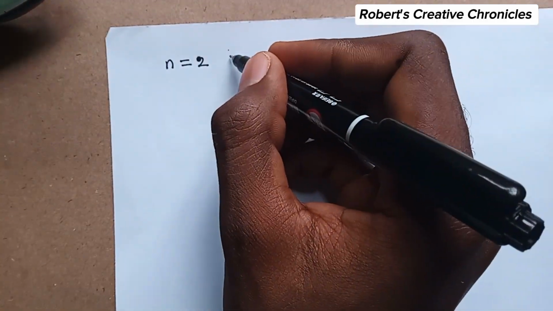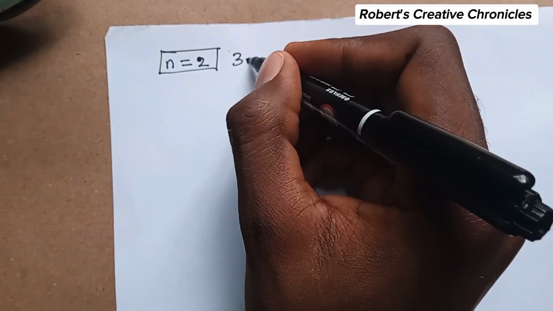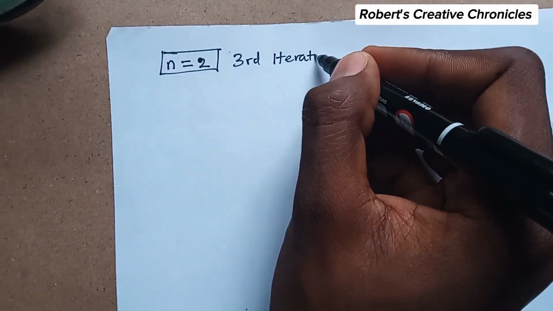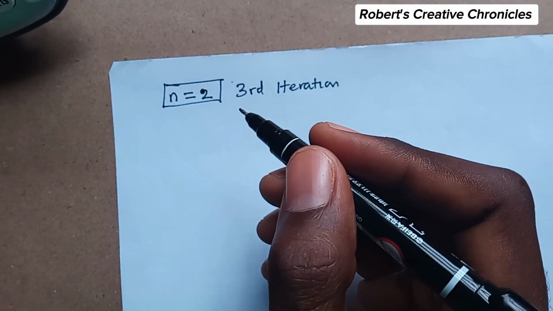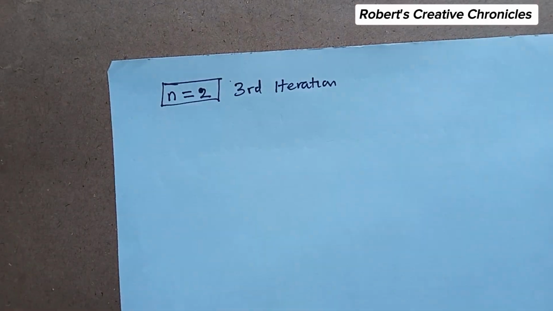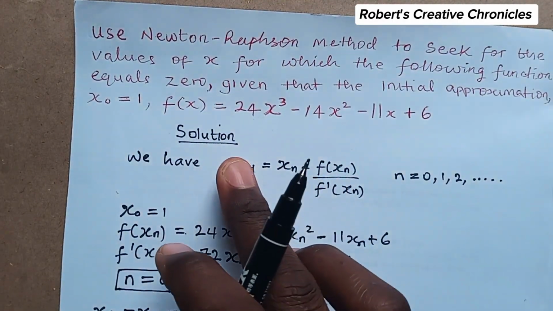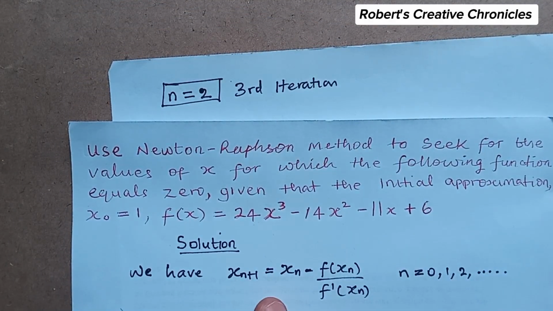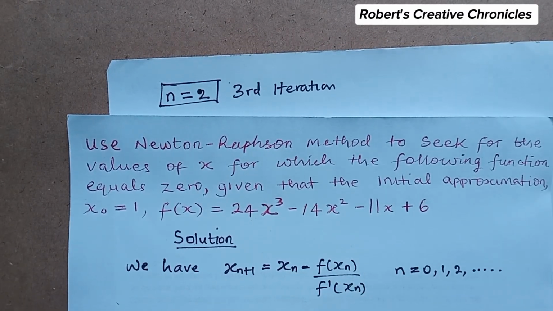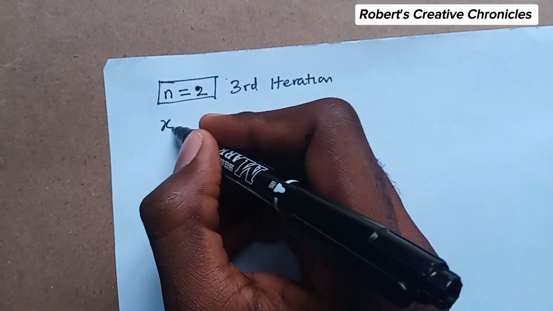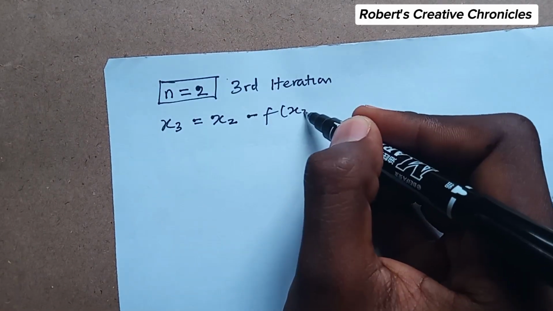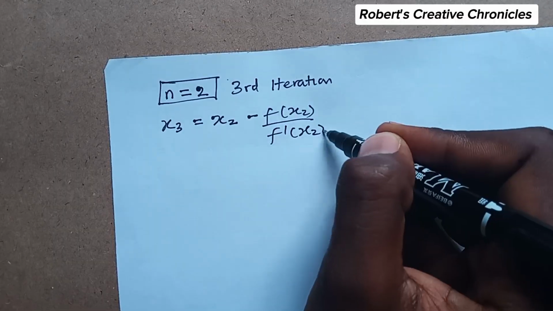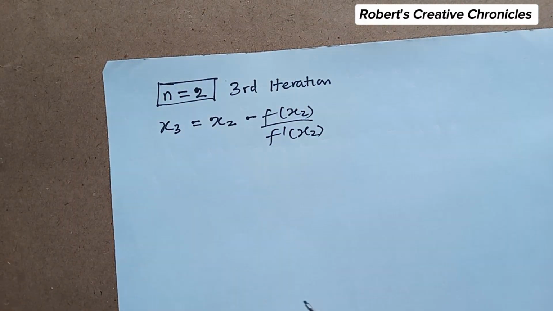And then it's gone to 2 now. This is the third iteration. When we substitute into the Newton-Raphson equation, n is equal to 2, so 2 plus 1 is 3. x3 is equal to x2 minus f of x2 over f prime of x2.